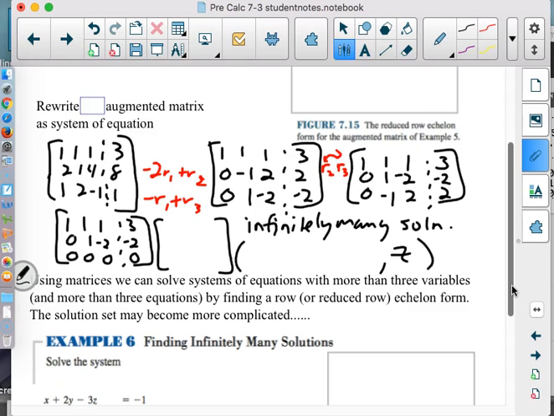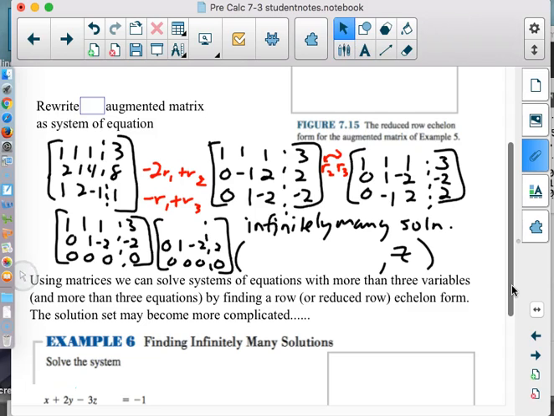So if we leave this alone, but now multiply it by negative 1 and add it to row 1, let's see what happens. A little bit easier.